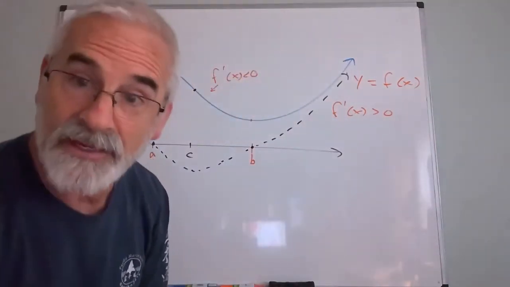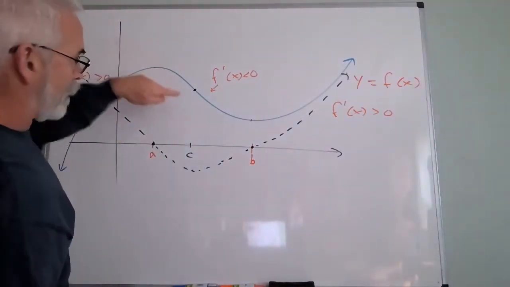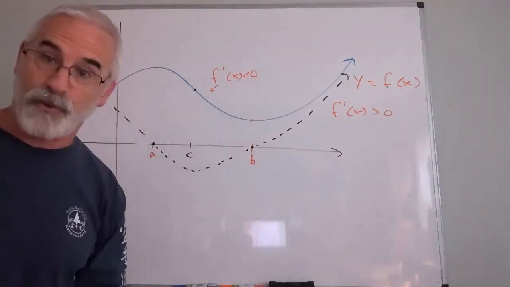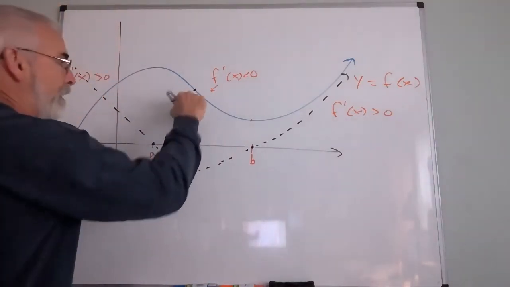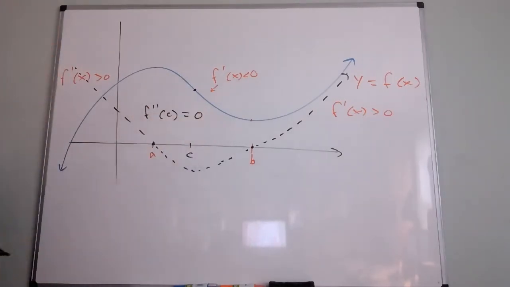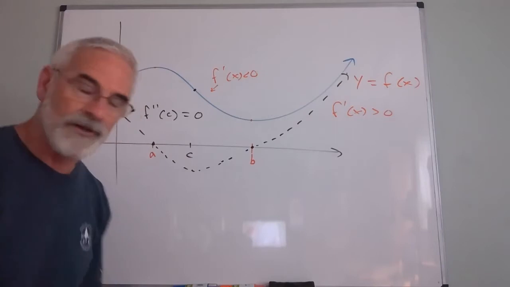And that would be an accurate description. Right here, my graph is bending downwards, and from there on, it's bending upwards. And again, that's called my inflection point. And right here, f double prime of c will be zero. That's where the derivative of the derivative is zero.